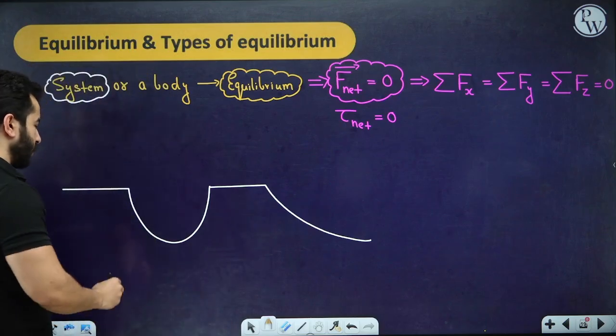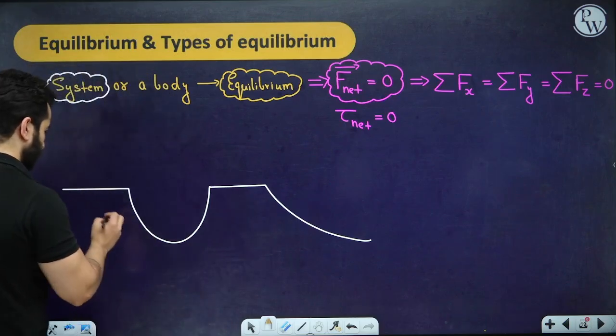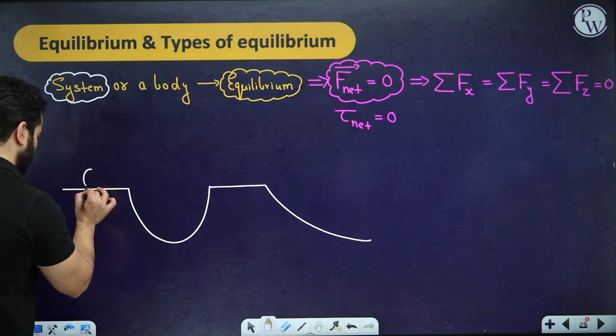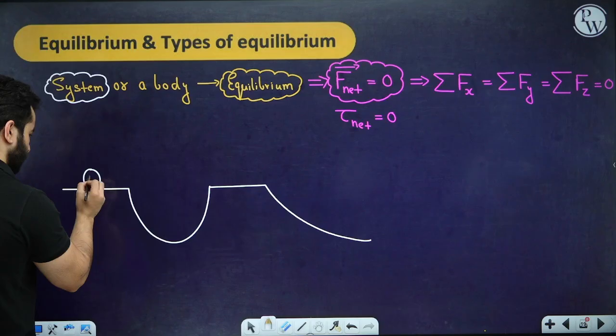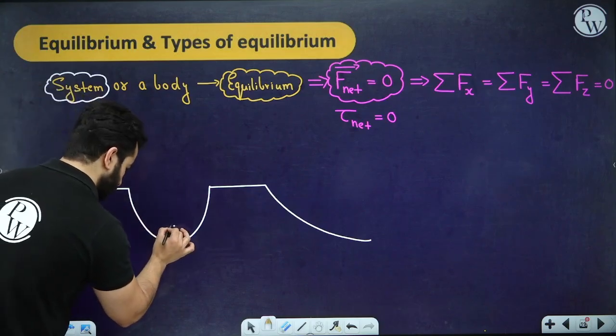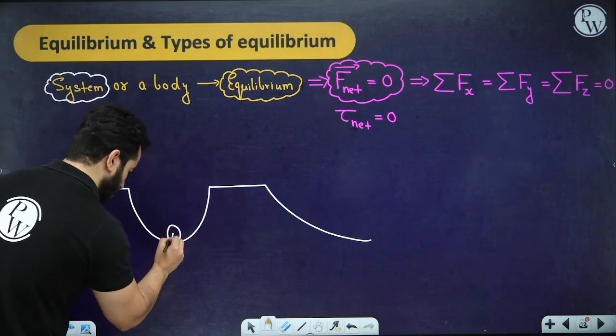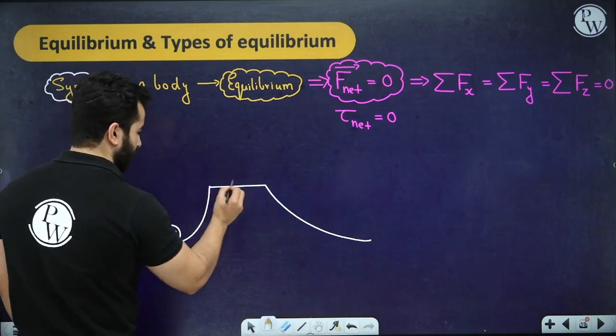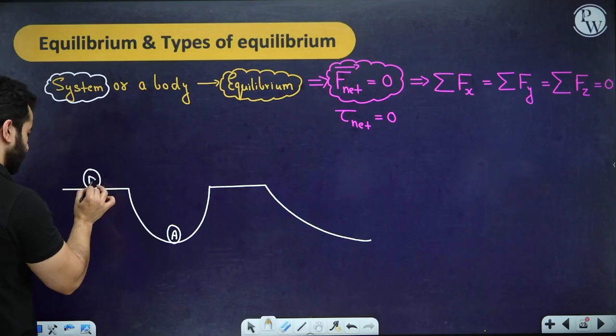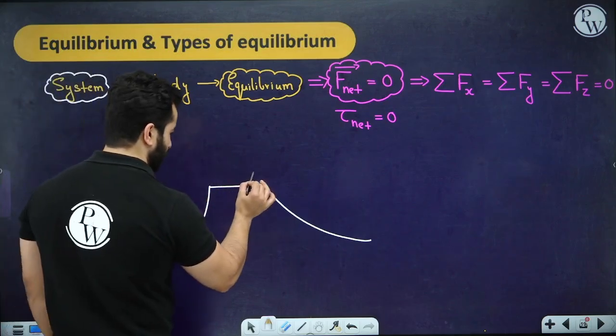Let's suppose we have got three types of body over here. We have got one body like this, one body like this. Let's say this is body A, this is body B, and this is body C.